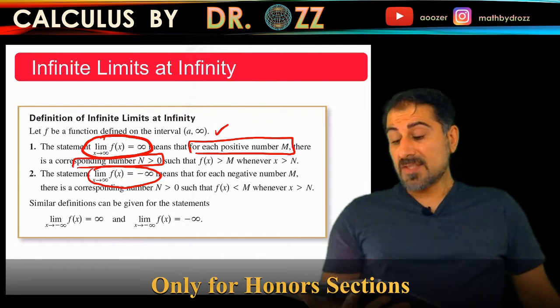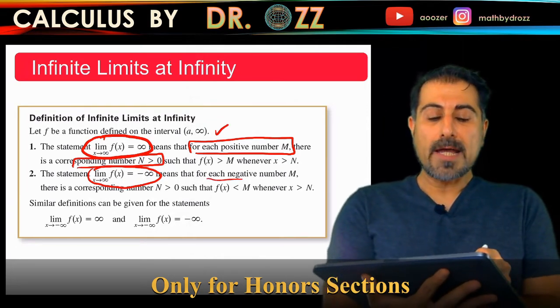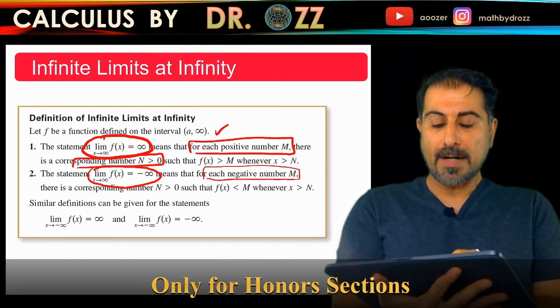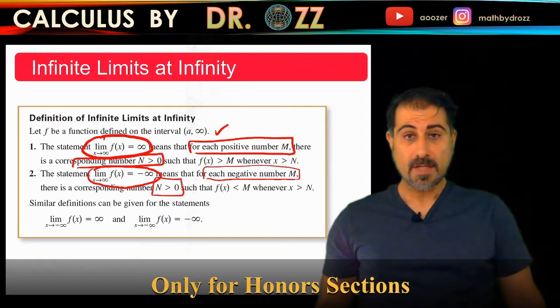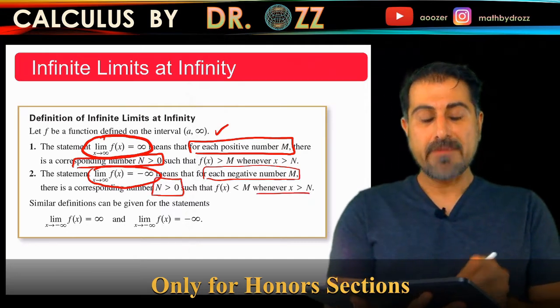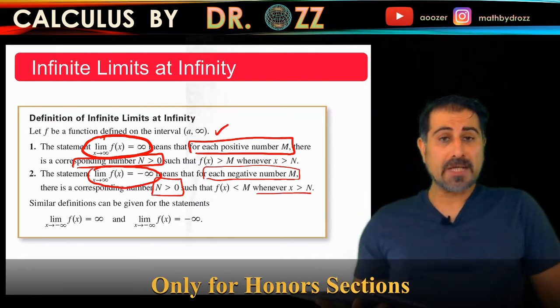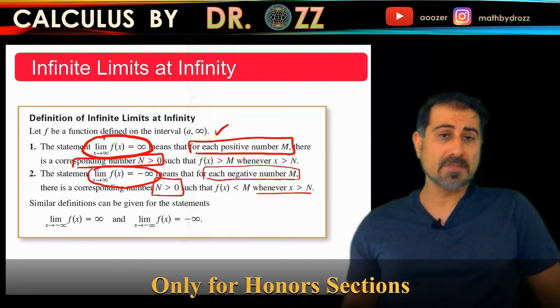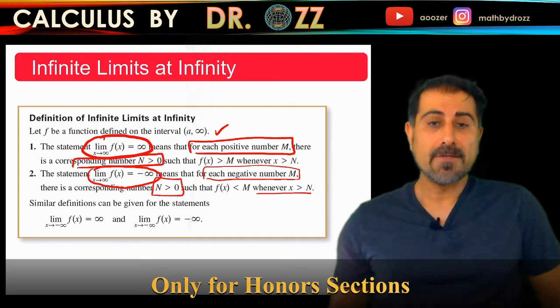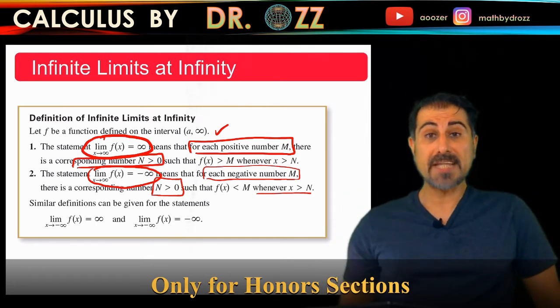That means for each negative number M provided, there exists a positive N such that whenever x is greater than N, the corresponding function values are going to be less than M. So this is an example of a function decreasing without bound.